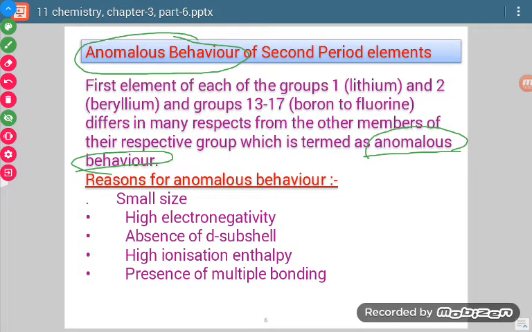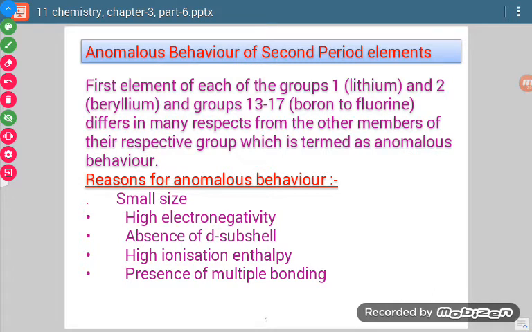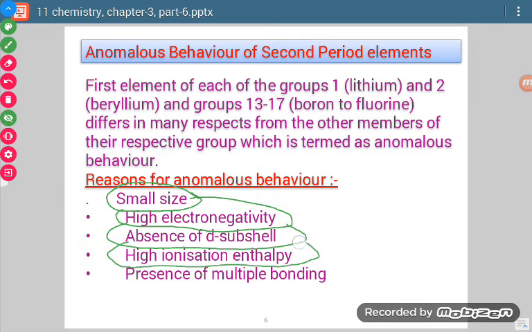The reason is these 5 properties. When we look at the first element of all representative element groups, then we find that they have these properties. The first element has smallest size in the group, it has high electronegativity as compared to other elements, and there is absence of d orbital, and they have very high ionization enthalpy value, and they can form multiple bonds also.